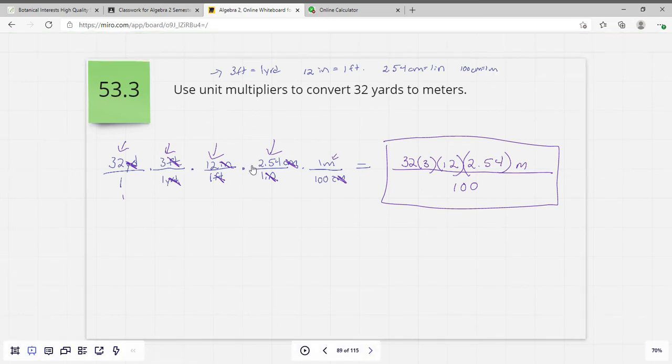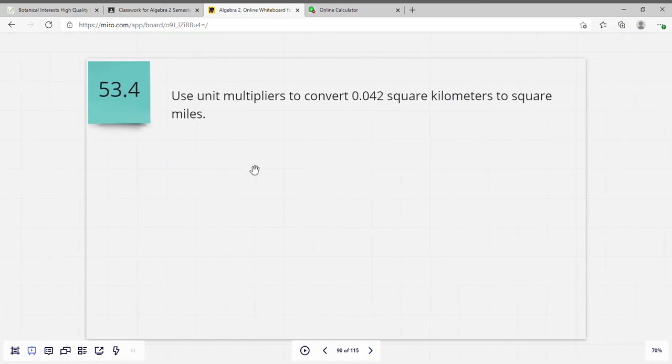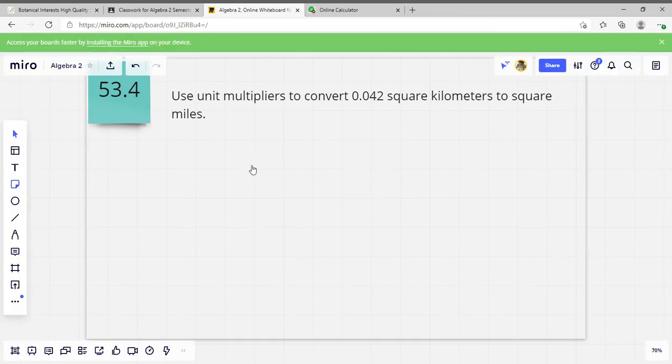Alright, let's do another one. Use unit multipliers to convert. Alright, so we've got square kilometers. That means kilometers squared to square miles. So we want to end up with miles squared. Okay, so from kilometers we can say 1 kilometer equals 1,000 meters. And then 1 meter equals 100 centimeters.